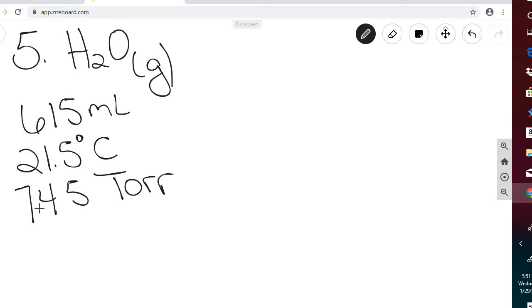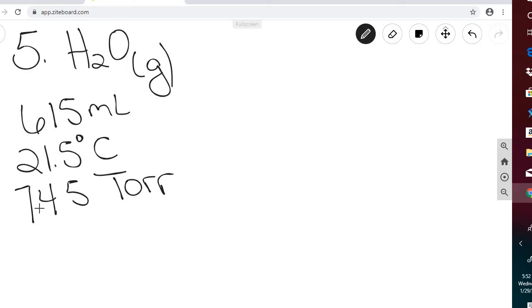Okay, so for this one, you have to ask yourself, am I going to use the combined gas law or the ideal gas law?